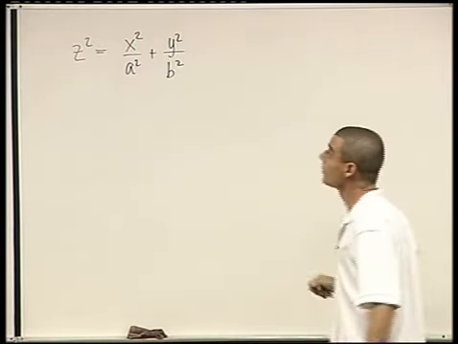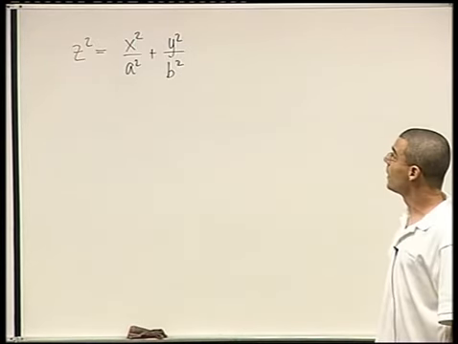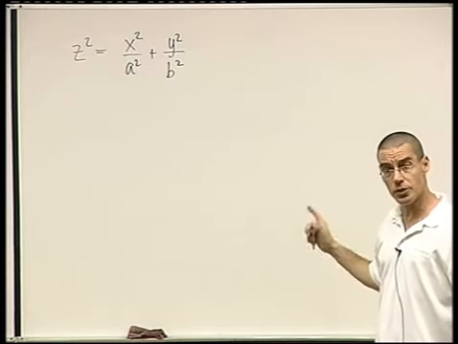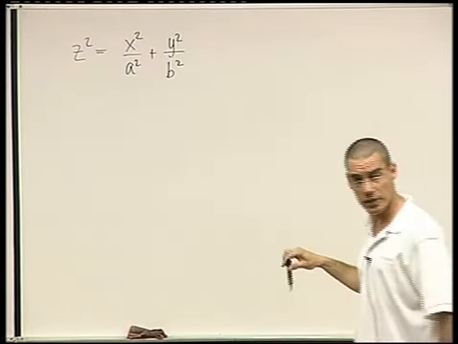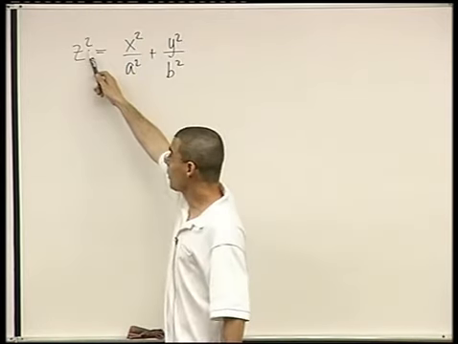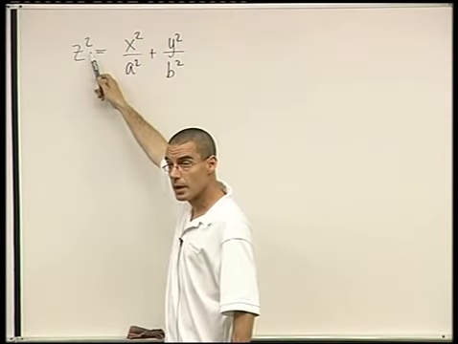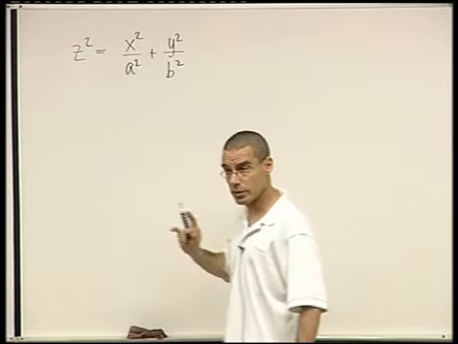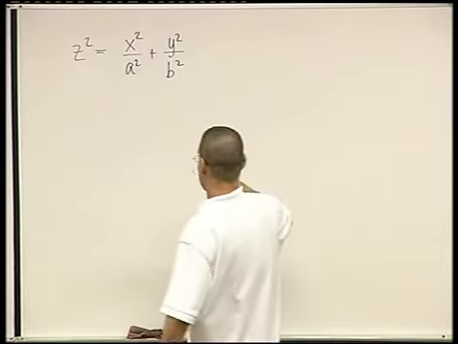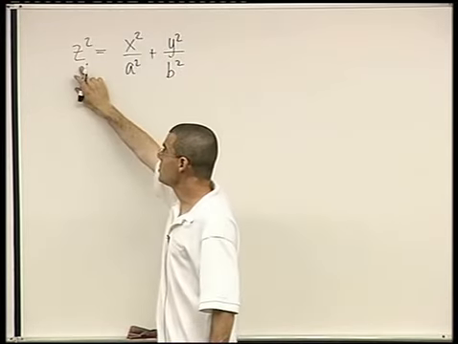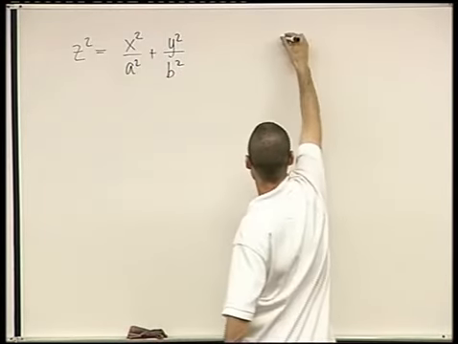Let's do this one. The equation looks very similar to the previous one, right? The only difference is this square up here. Do you agree? But that is going to make a difference. It's going to be a different surface. So let's see what we get here. First of all, when we plug in z equals 0, what do we get?